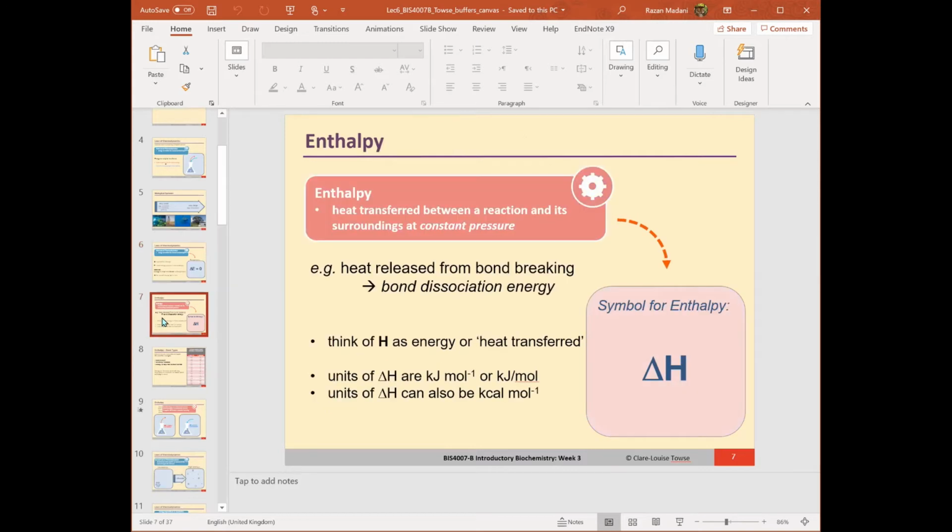So then we move on to enthalpy. Enthalpy is heat transfer, and the reason we have a delta H is because it's a change of heat. That's what enthalpy stands for: heat transfer between a reaction and its surroundings at a constant pressure. Think of H as in heat, as heat transfer, and the unit is kJ mol minus 1.